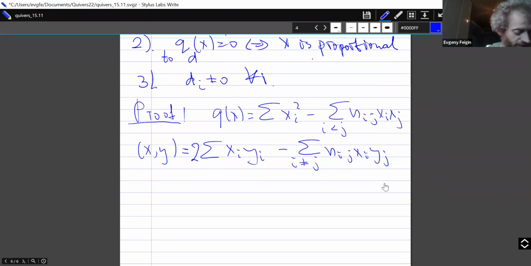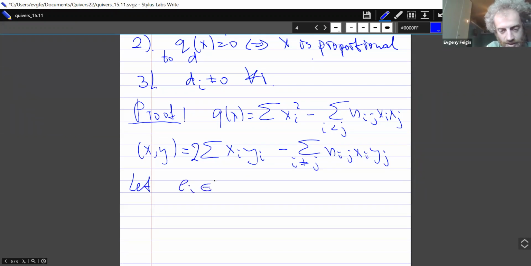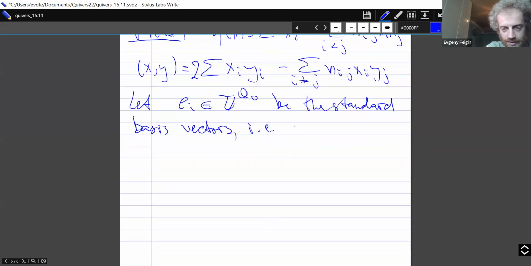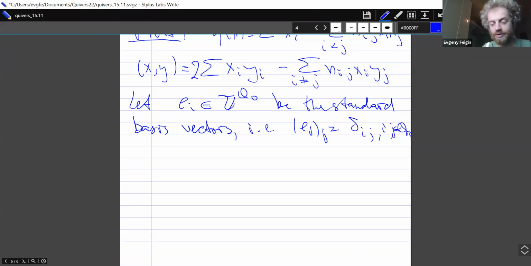Okay, so this is just the definition. Let us also introduce the vectors e_i in Z^Q_0, the standard basis vectors, i.e. (e_i)_j is delta_ij, where i, j are vertices.